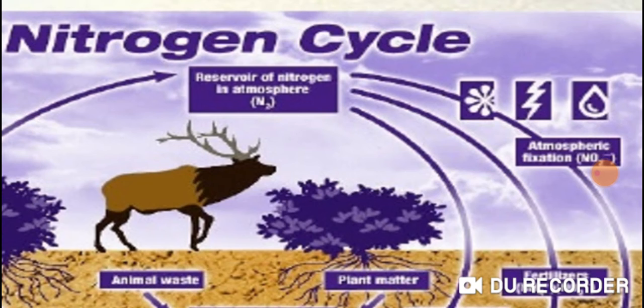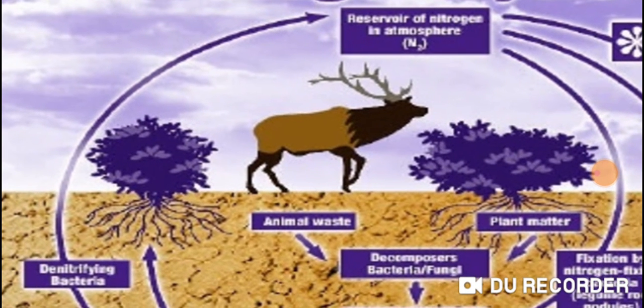There is also a certain content of nitrogen present in the atmosphere, and there are some denitrifying bacteria in the soil that break down the nitrates and release nitrogen back into the air.